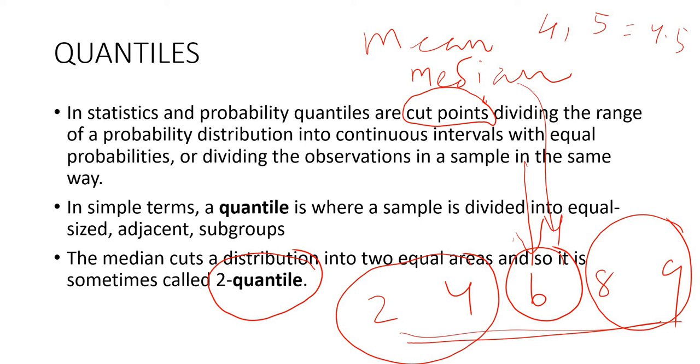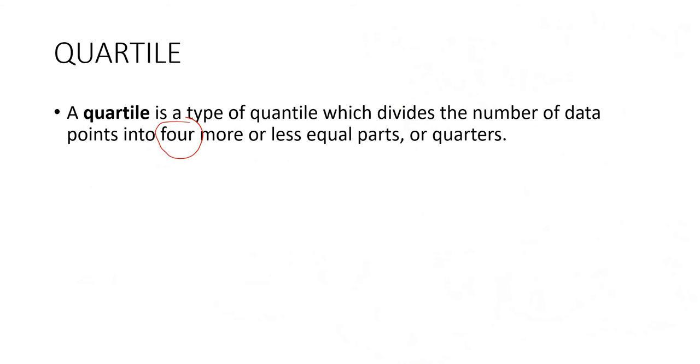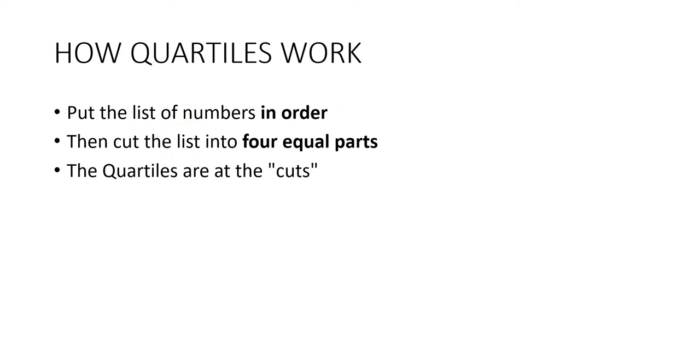It can be two subgroups, four subgroups, six subgroups, or seven subgroups, any number of groups, that we call quantiles. But when the subgroups are four, we call it quartile. Quartile is a type of quantile which divides the number of data points into four subgroups, more or less equal. Then it is quartile. So you understood that.